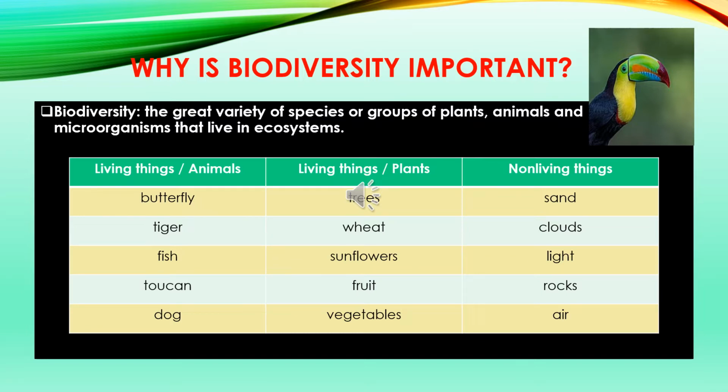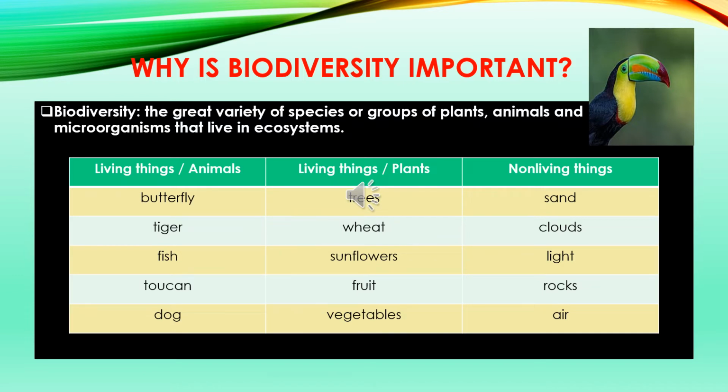Then on the next column we have living things, plants, trees with sunflower, fruit, and vegetables. So here, this part right here, we talk about living things, things that have cells, things that are alive.